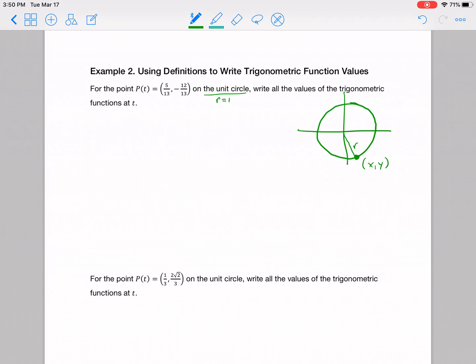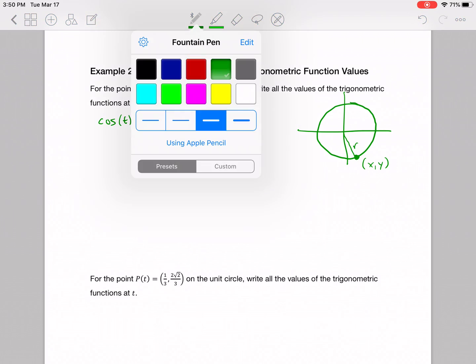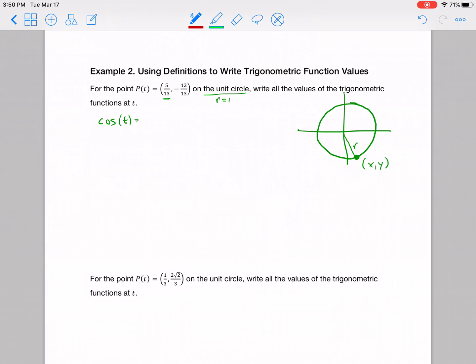So first off, cosine of t. That's just going to be picking out the x value, because when you look at this, remember, we make this triangle out of it, right, like that. This is x, this is y, this is r, and r equals 1.